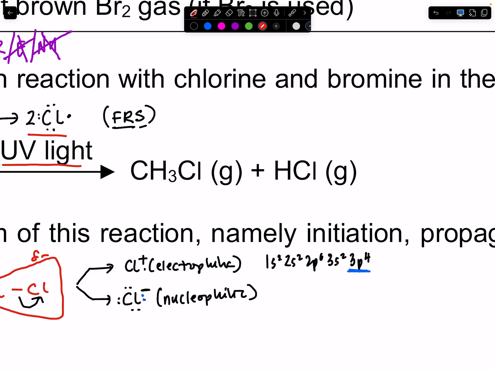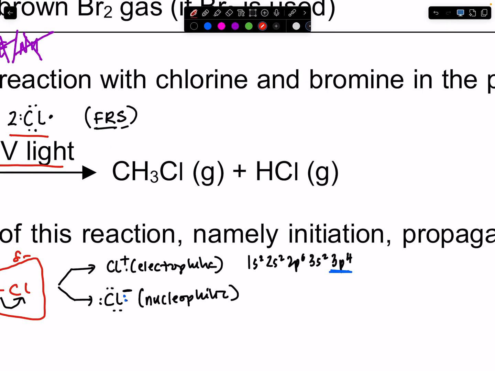At the same time, because it's 3p4, he has available orbitals to accept the lone pair of electrons from a nucleophile. So for you to be an electrophile, guys, you need to take note of 2 things. Number 1, you need to be electron deficient, as you can see from Cl plus. Number 2, you need to be able to accept the lone pair of electrons.